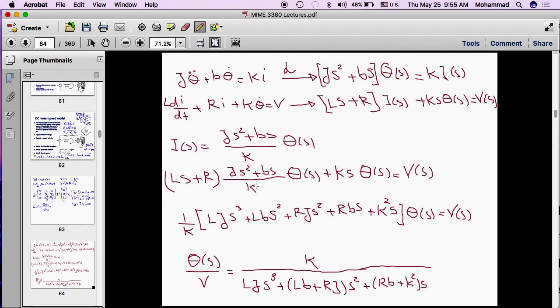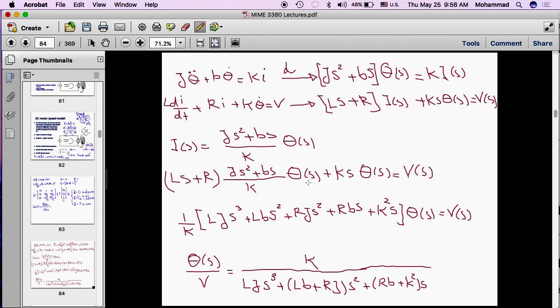So K stays here, but this has to become K squared. If you want to have a denominator of K here, this has to become K squared. Currently K is only the denominator of the first ratio and not of the second. If I want to add these together, they need to have a common denominator.